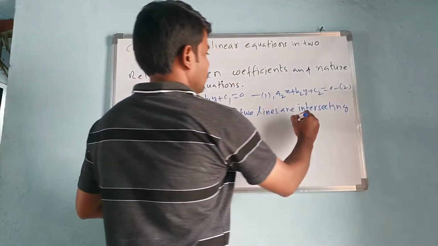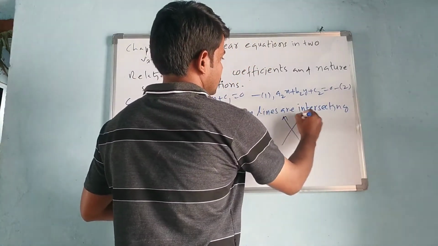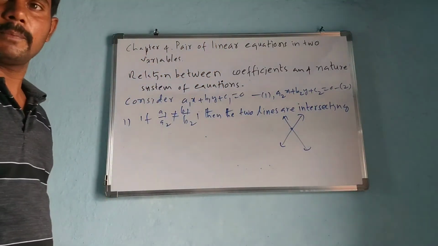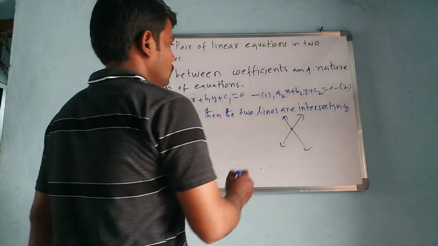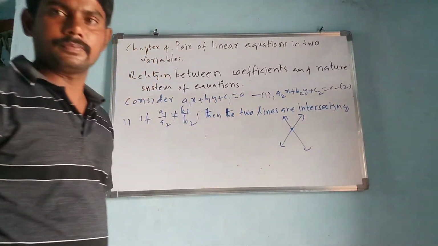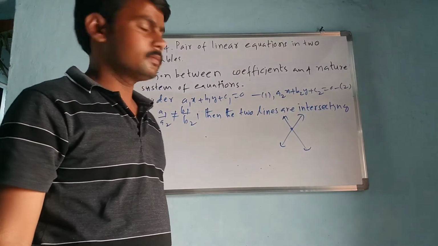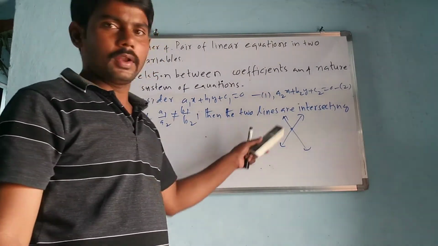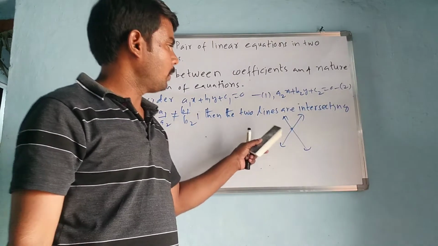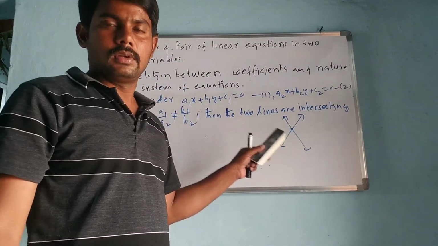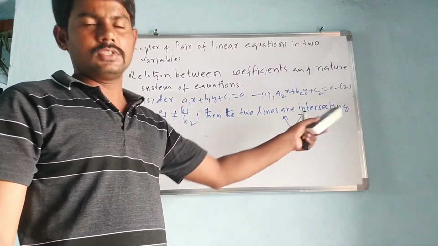In this case, that point is known as a solution of a system of linear equations in two variables.